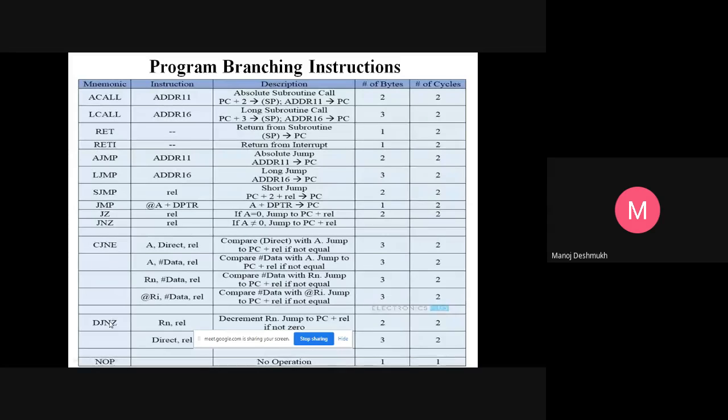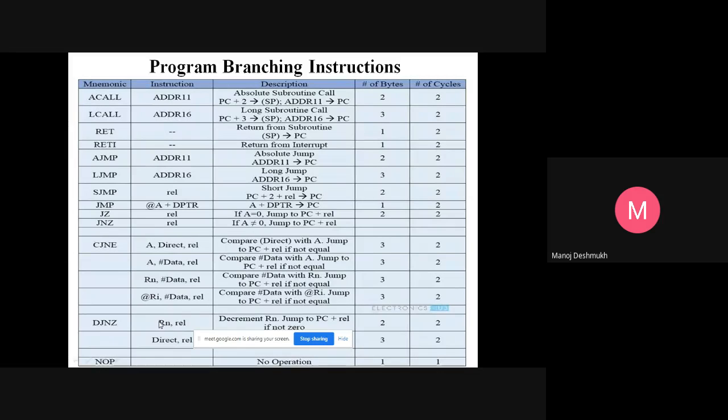And in case of DJNZ, one operand is used, and it is always decremented by 1 and then checked whether it becomes 0 or not. If it is 0, it will not jump, and if it is non-zero, it will jump to the relative memory address or location mentioned with the help of a label.